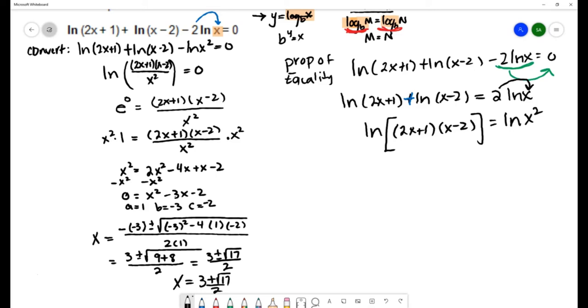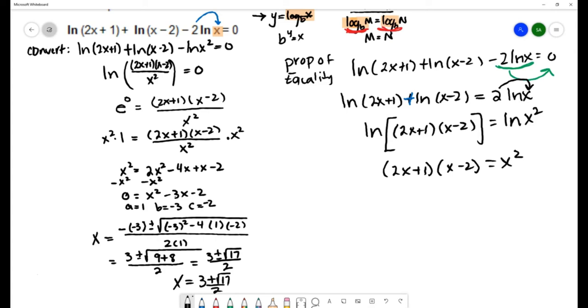So now I have a log with the same base on both sides of the equation. So I can do the property of equality, which says what's inside the log on the left is equal to what's inside the log on the right.